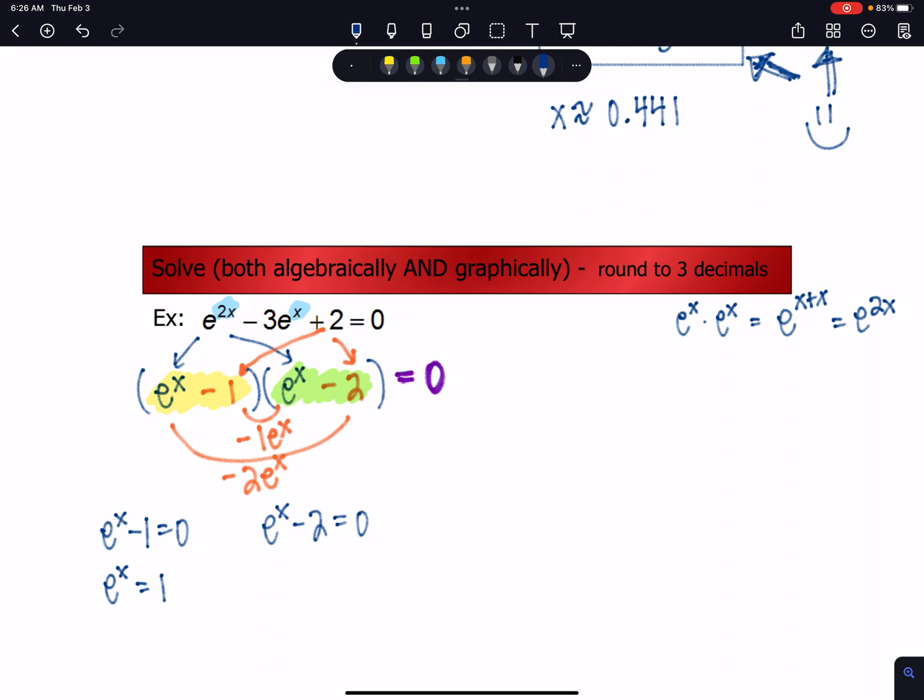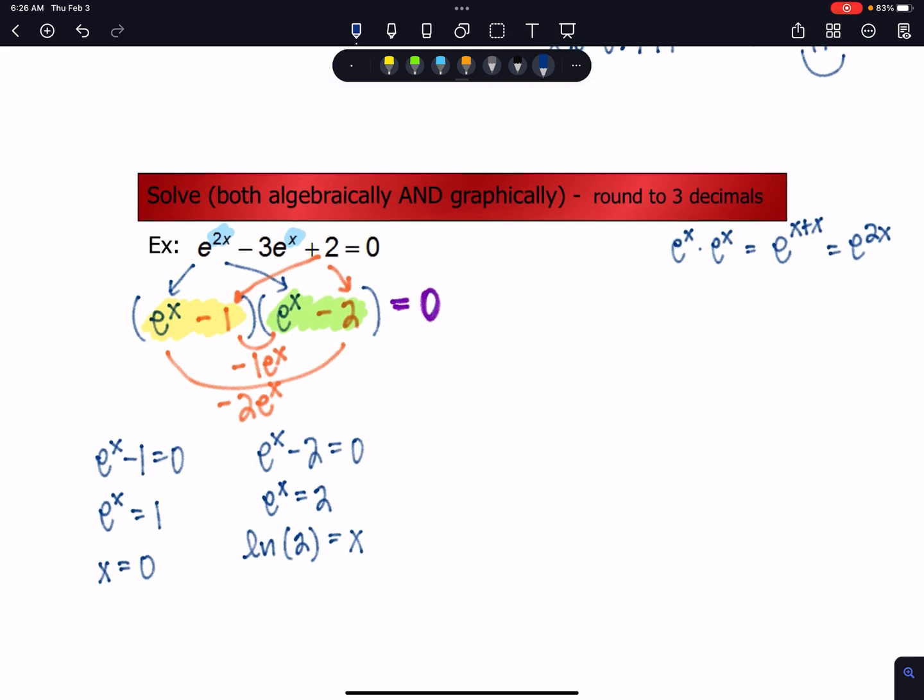That I can do without a calculator. x has to equal 0. This second one, e to the x equals 2. So I've got log base e, which is the natural log, of 2 equals x. So my two answers here are x equals 0 and the natural log of 2. Those are exact answers.